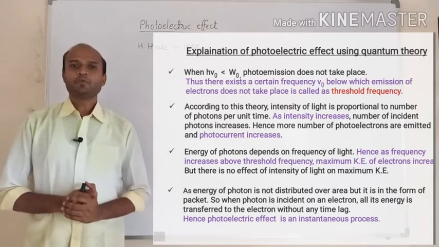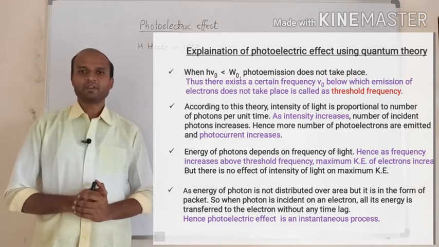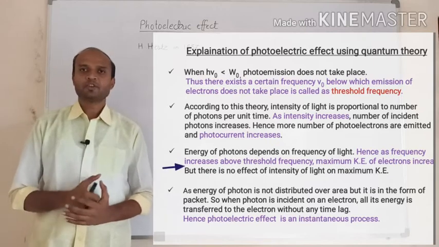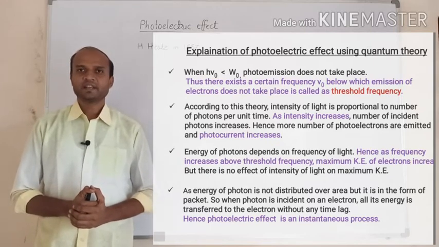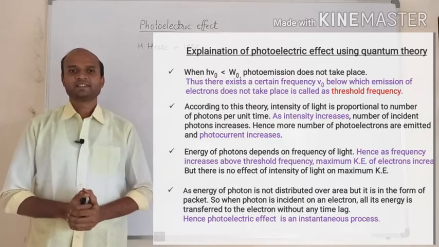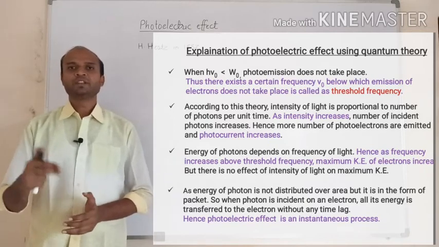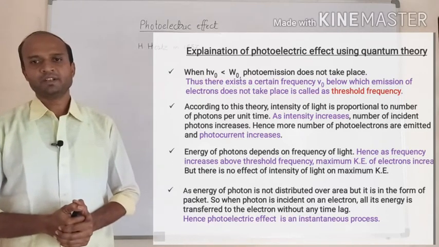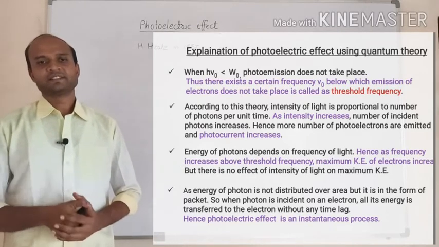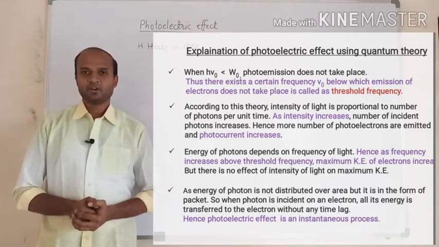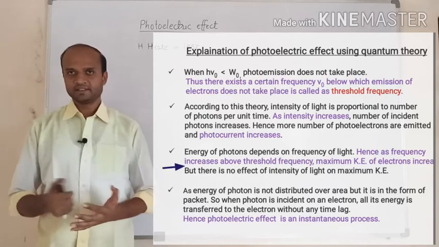Then the energy of photons depends on the frequency of the light, because the energy of a photon is h nu. So energy depends on the frequency. Hence, as frequency increases above the threshold frequency, the maximum kinetic energy of the electron also increases. But there is no effect of intensity of light on maximum kinetic energy.